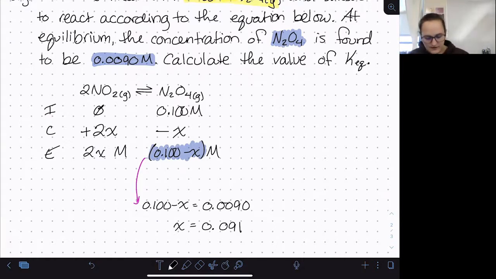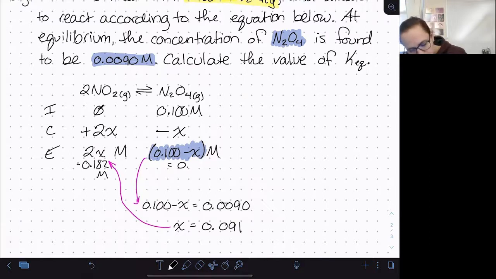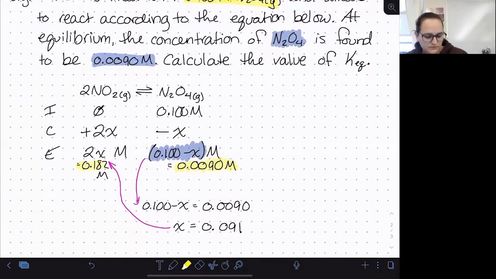So if we take this value and plug it back in to find our other concentration, that means that 2x is going to be equal to 0.182 molar. We were told this one was 0.0090. So we now have our equilibrium concentrations for everything, and we just need to plug those into our equilibrium expression and solve.